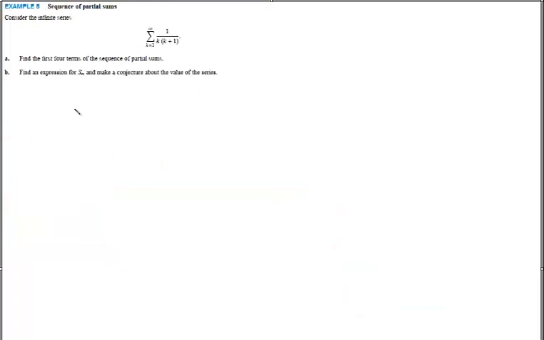Alright, I'm looking at the sequence of partial sums here, and I want to find the first 4 terms. So the first one is just the sum from k equals 1 to 1 of 1 over k times k plus 1. Well, I should put k's in there, and then I'll put the 1 in there. Now this is 1 over 1 times 1 plus 1, and then we'll say this is 1/2.